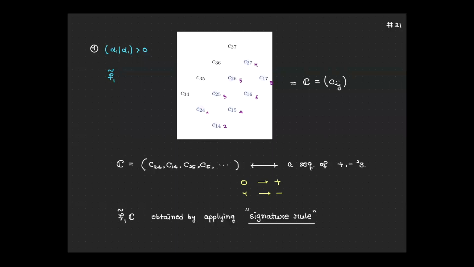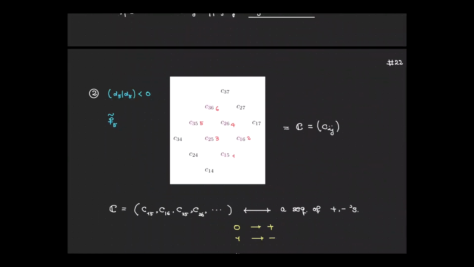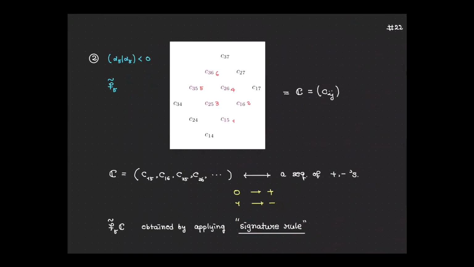We assign a plus or minus sign according to its value, and then we make a sequence along the order which I presented here, 1, 2, 3, 4, 5, 6. Then we have a sequence of plus and minus, and we apply the signature rule. That's the description of F_1 tilde.